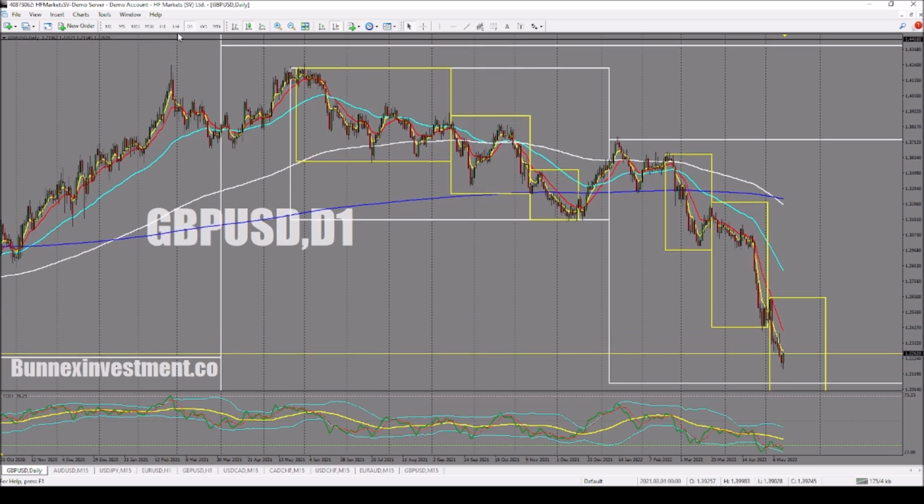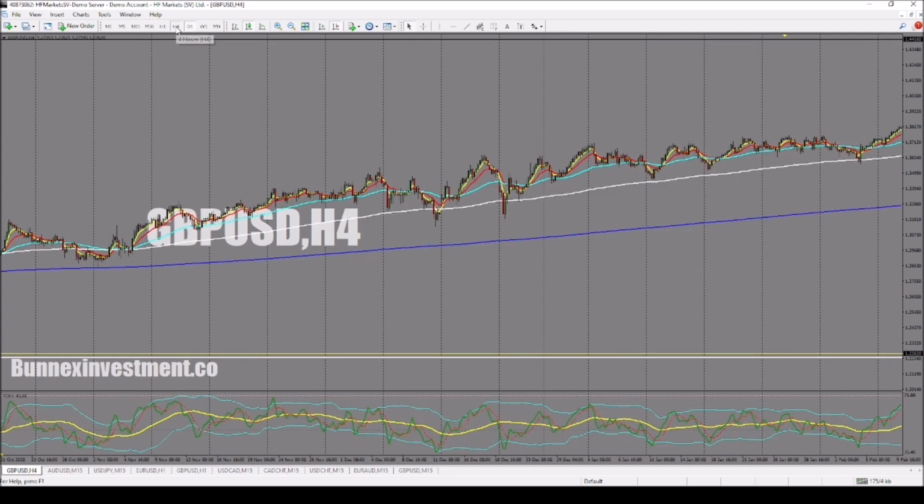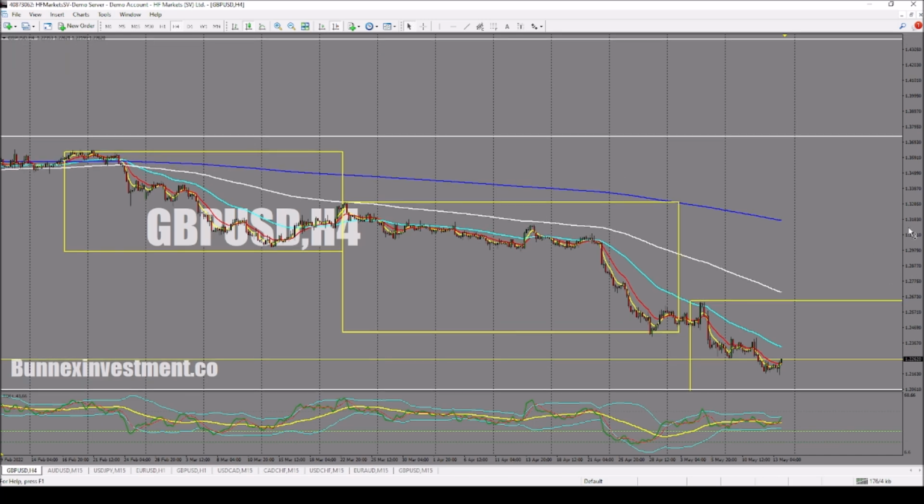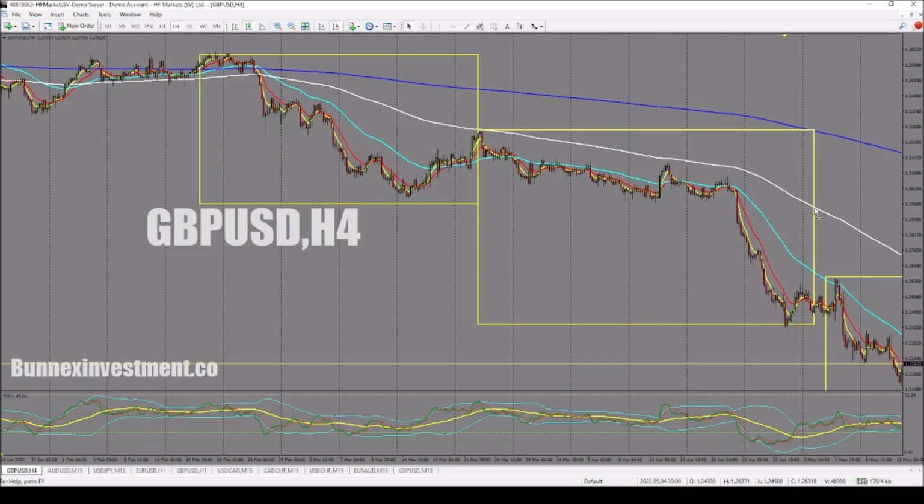So how can we verify that? We now need to go on the lower time frame, in this case the H4 time frame. In the H4 time frame, the first one that we've marked, we had a drop, consolidation, drop, consolidation, drop. We reached this point that we term a reset.